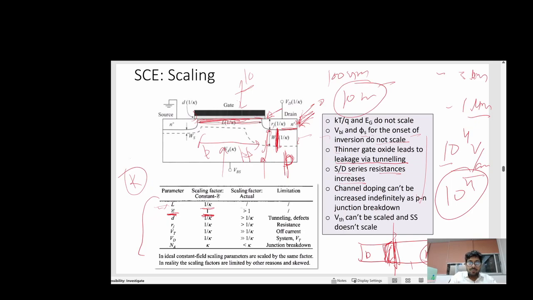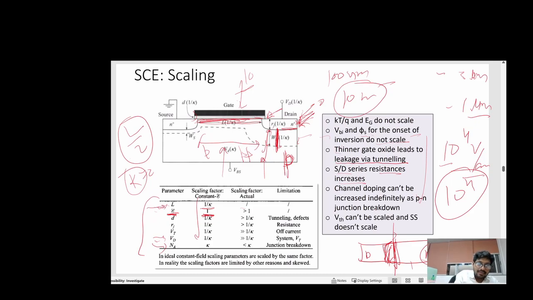Let us say k is equal to 2, then L by 2 you need to keep. According to that factor, the other parameters, like the voltage, the doping, and the VD applied at the drain, all these factors you also need to scale.